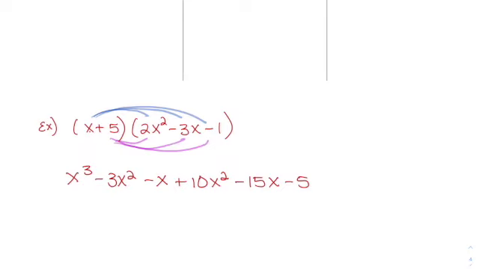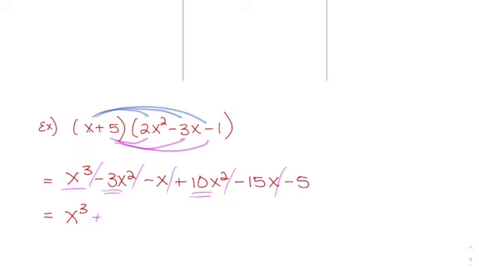And then you got to combine like terms. Make sure you write it in standard form, which is the highest exponent to the lowest. So I'm going to start with x to the third, and I'm going to separate them so you guys can see which terms. This one's already collected. Then I have x squared terms. One of them is negative 3, one of them is positive 10.